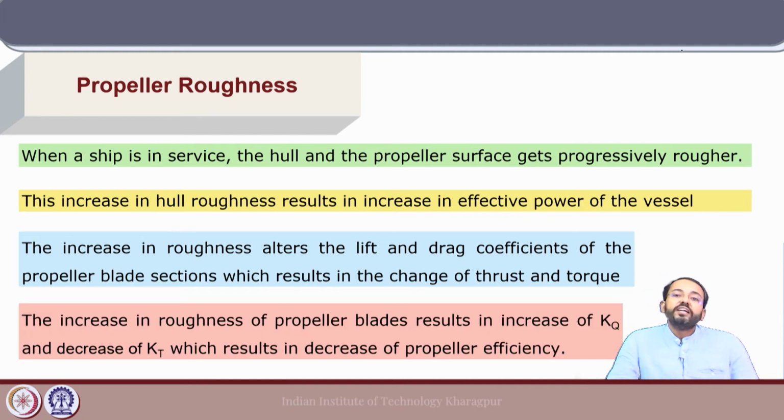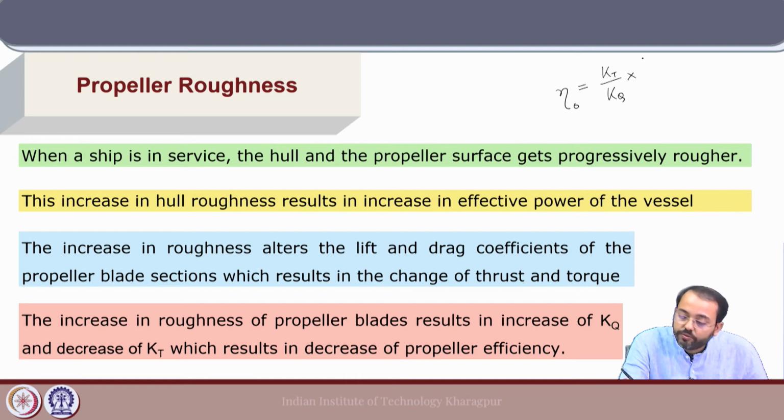So, typically what is observed is that the thrust coefficient of the propeller blade will decrease because roughness will increase the drag of the propeller blade with time, and the torque coefficient will increase. So, if the torque coefficient increases and the thrust coefficient decreases, we have seen that very simply the propeller open water efficiency is given by Kt by Kq into J by 2 pi.